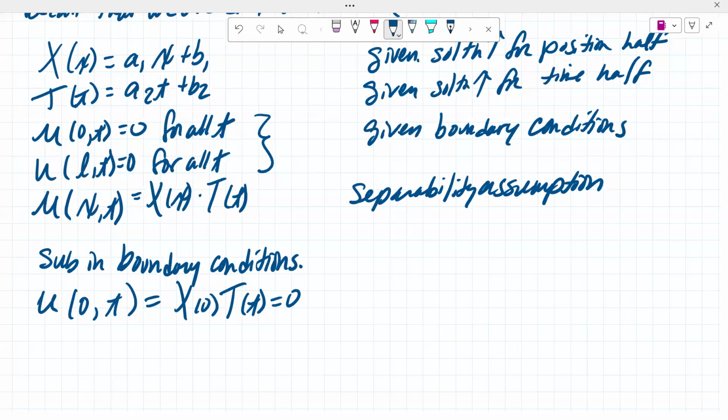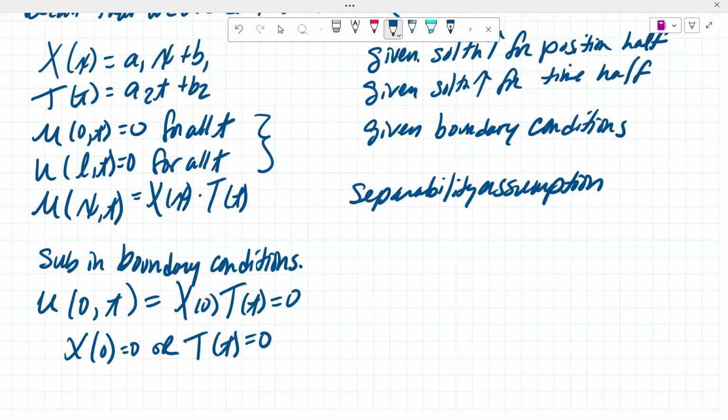All right, so X of 0 equals 0, or T of t equals 0. This is a property of 0. How do you multiply things together to get the answer to be 0? Well, that means one of the two things is going to be equal to 0. So X of 0 is 0, or T of t is 0.